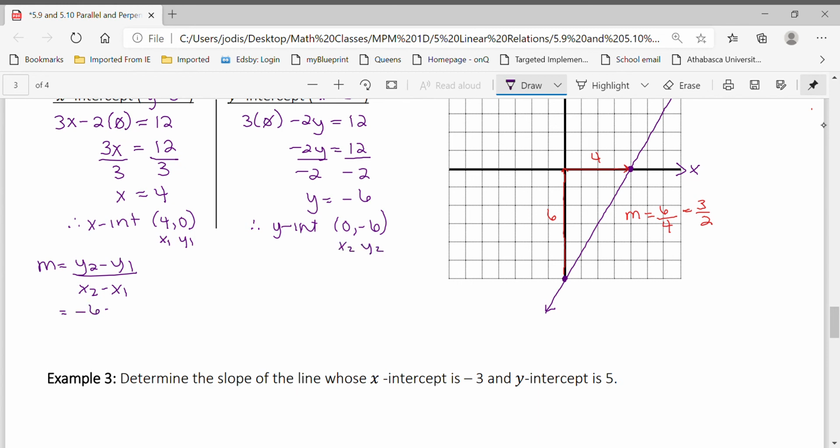So y2 would be negative 6 minus 0, and then x2 is 0 minus 4. So we've got negative 6 over negative 4, which equals 3 over 2. Either way, we get the same answer. You could choose in this question which way you want to do it, as long as you show your work either way, by solving, or by actually drawing your arrows and showing your slope.